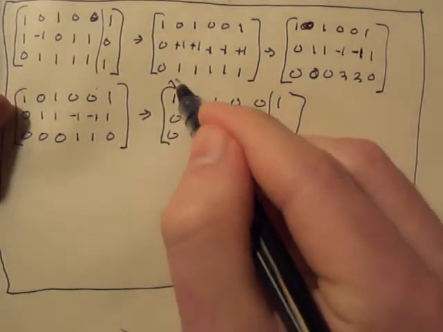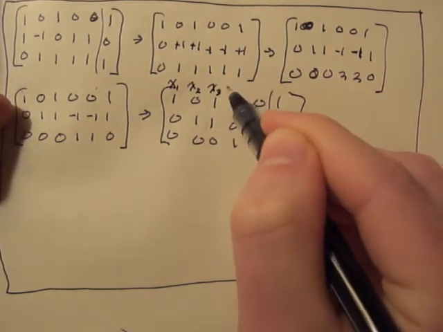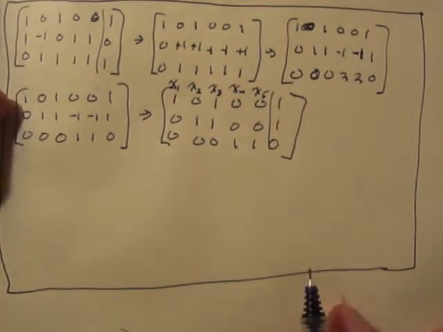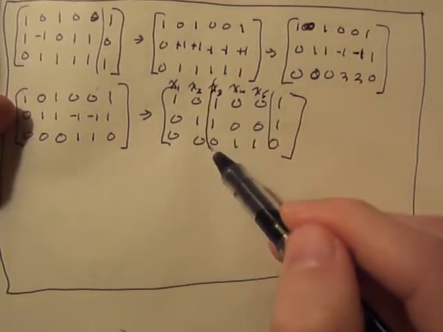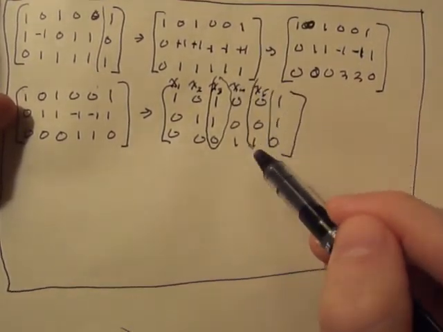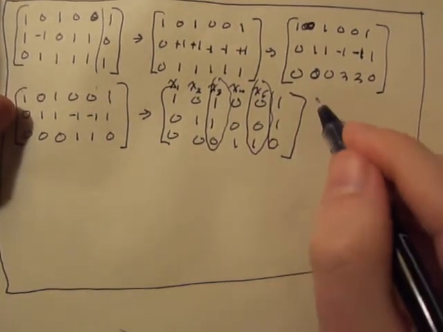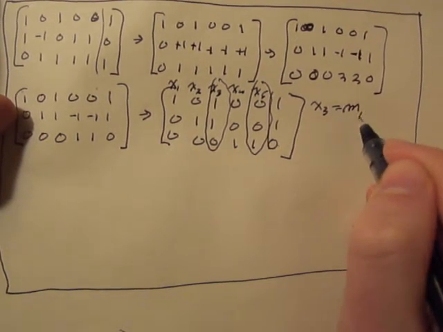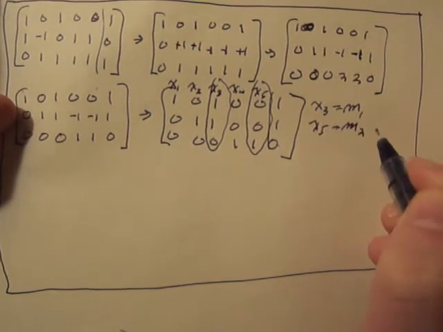Let's label the columns with variables x1, x2, x3, x4, x5. We can see by looking at the columns that don't have pivots, that's this column and this column, that x3 and x5 are free variables. So let's call x3 the parameter m1, and let's call x5 the parameter m2.